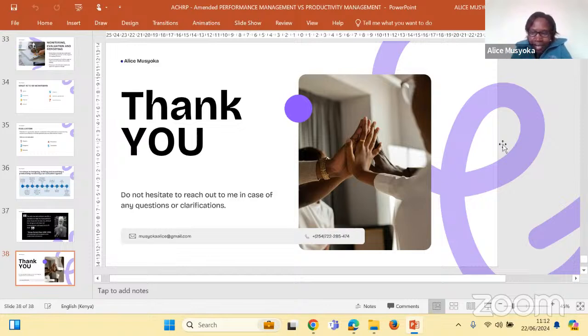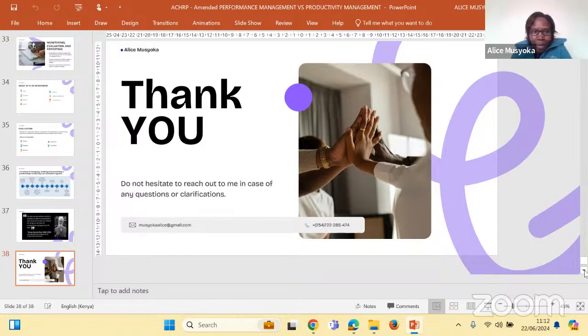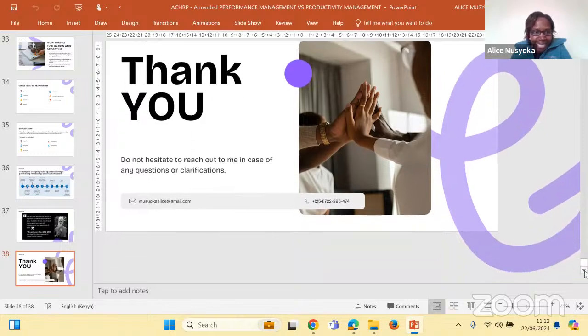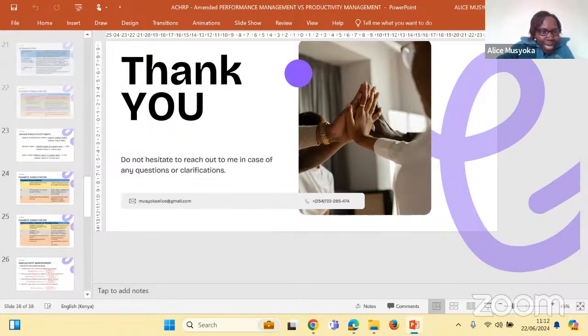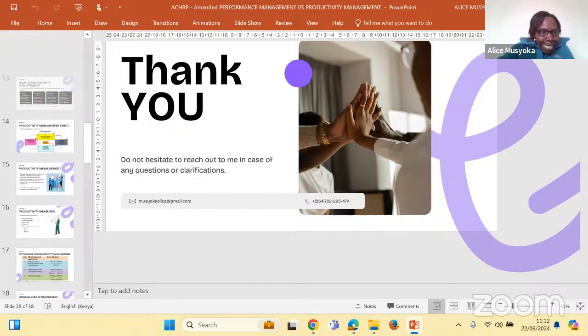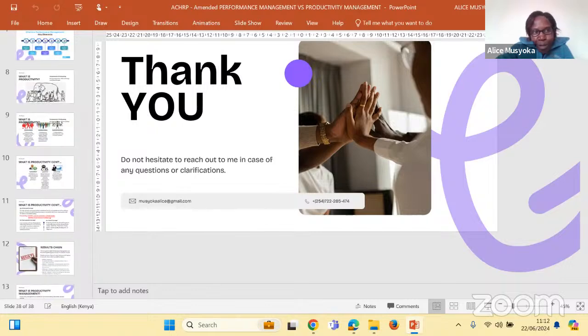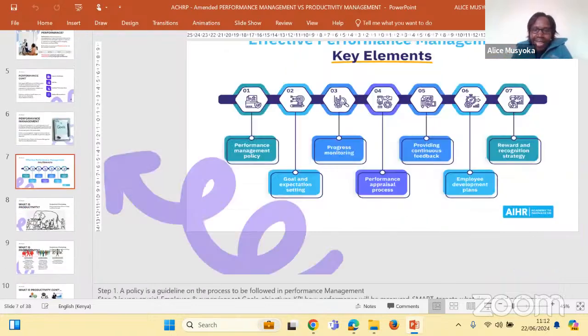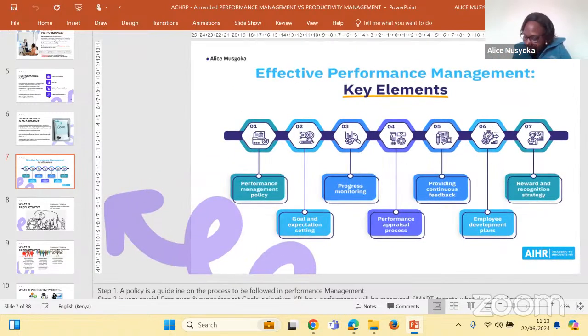You document the milestones, and at the same time, you document incidents. You document incidents because when it comes to performance evaluation, the employee may say, my supervisor doesn't like me, my supervisor seems to have issues with me. So how do you circumvent that?